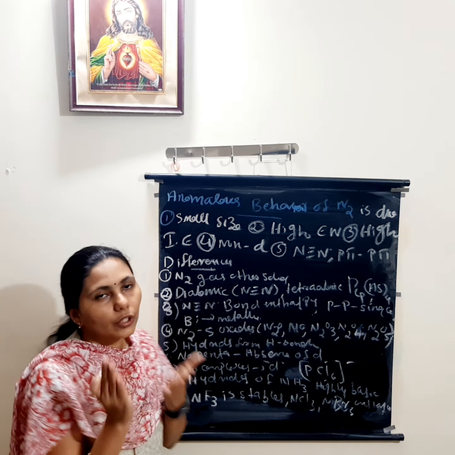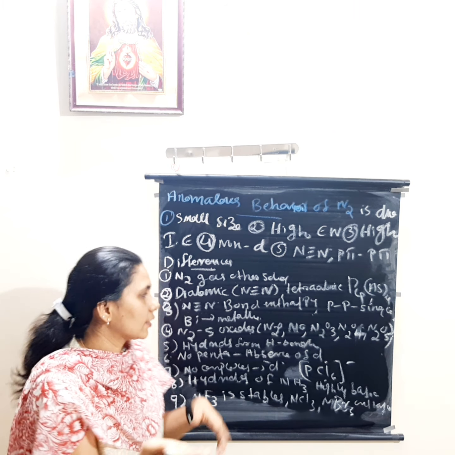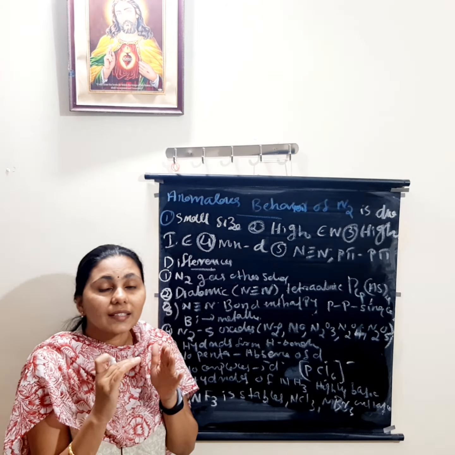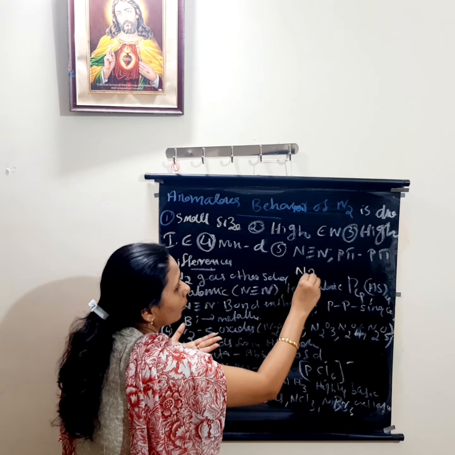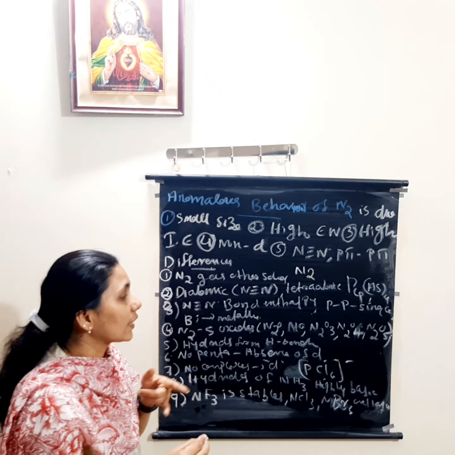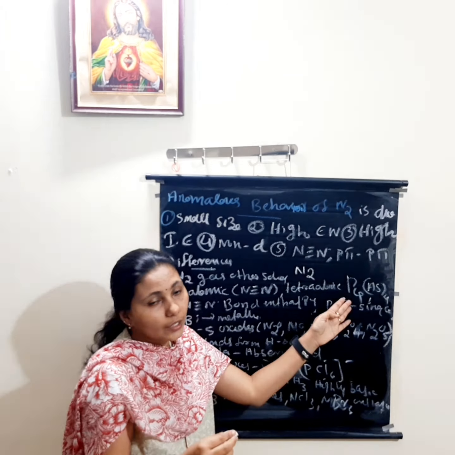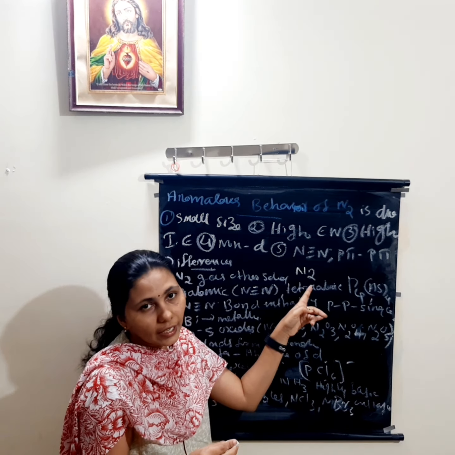First difference is, we know nitrogen is a gas, but the others are which one? Solids. And nitrogen is diatomic. Nitrogen exists as N2, but the others are polyatomic. For example, phosphorus is tetraatomic, P4, and arsenic is also As4, but nitrogen is N2.